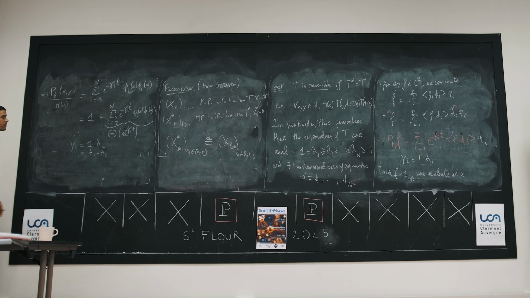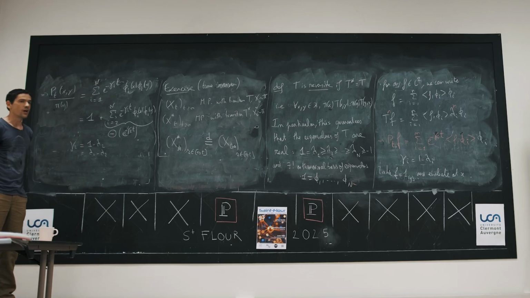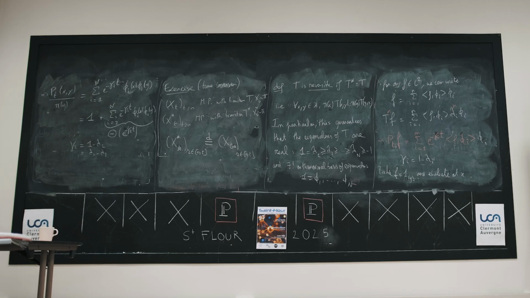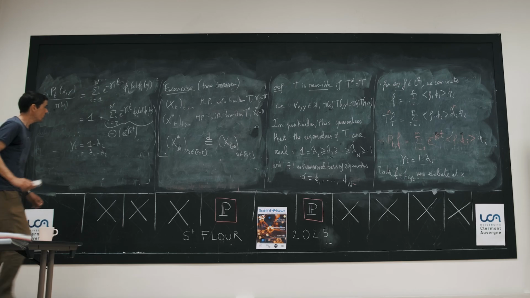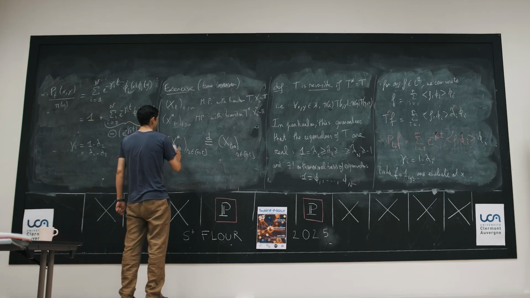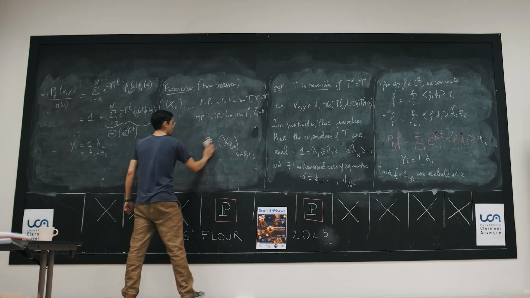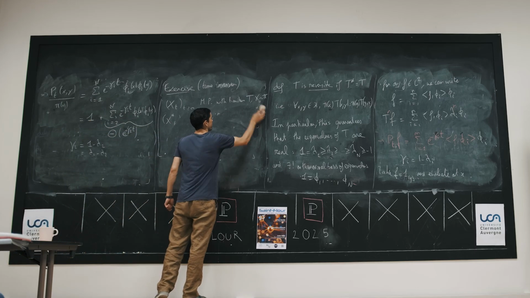So for many reasons, reversible models are nicer to analyze. And if you could solve the question of the cutoff phenomenon for those models, it would be already amazing. Okay, so in many cases, I will restrict myself to reversible chains.